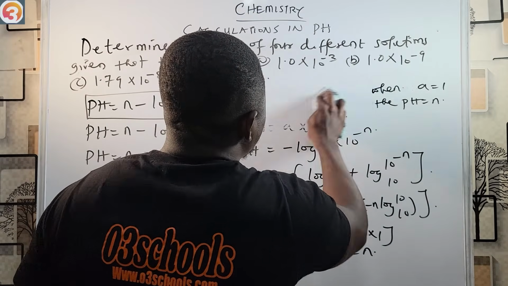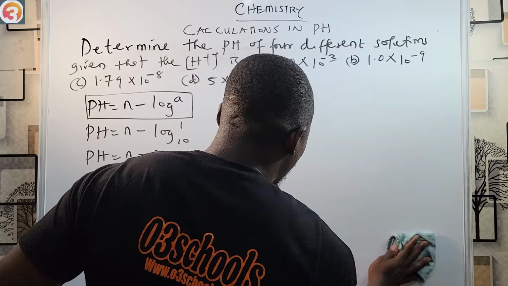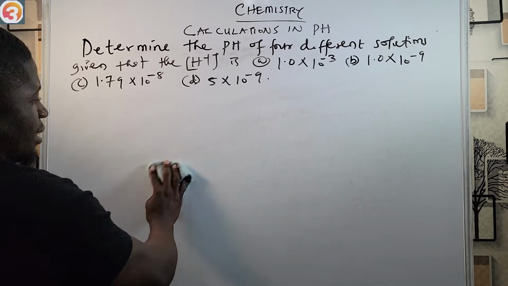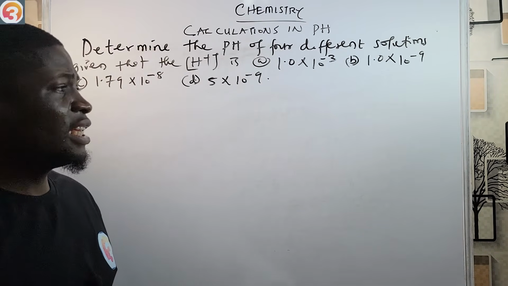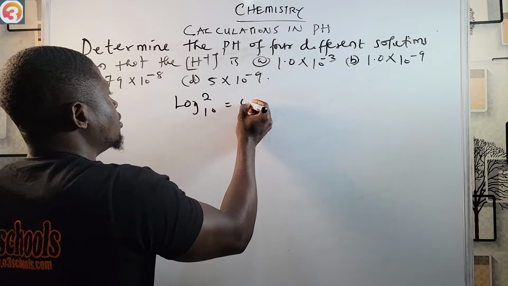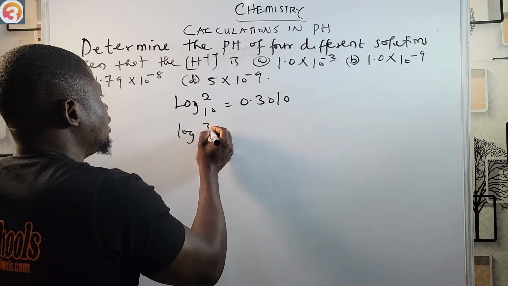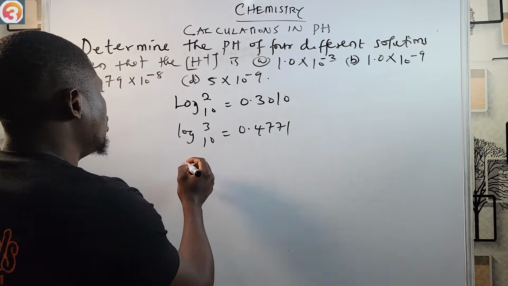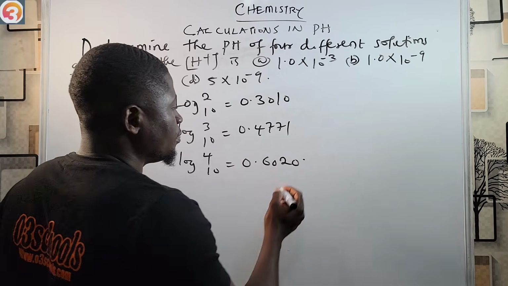Aside from this, another thing we still need to know is the basic logarithm of some simple whole numbers. For example, the logarithm of 2 to base 10 is 0.3010. The logarithm of 3 to base 10 is 0.4771. The logarithm of 4 to base 10 is 0.6020.